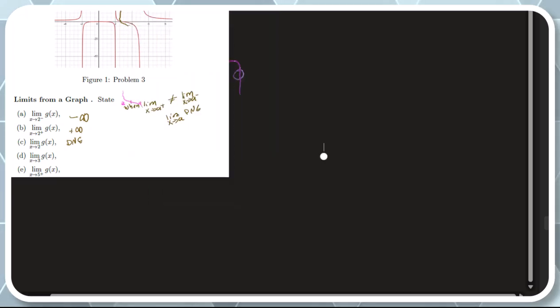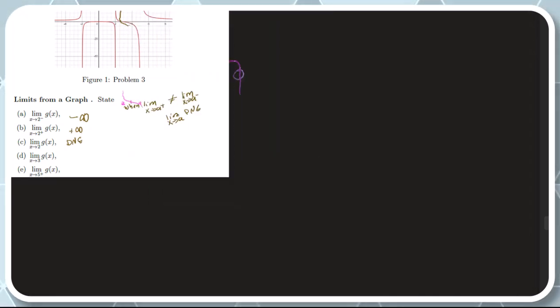Okay. So the limit as x approaches 3 is just 0. It's the y value when x is 3.